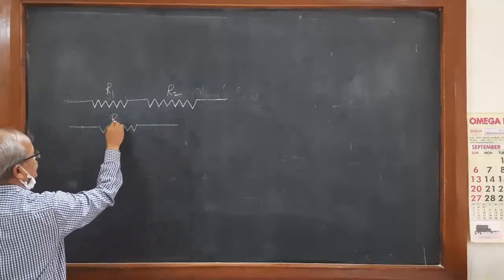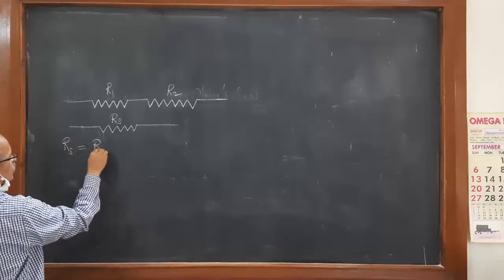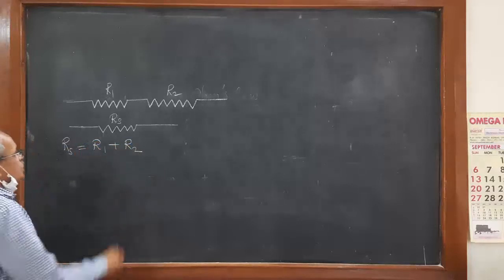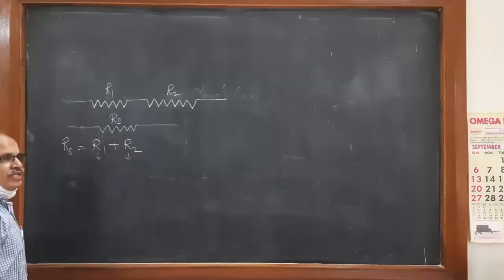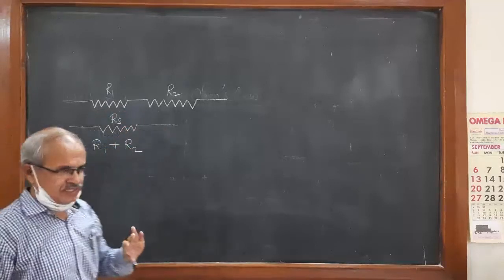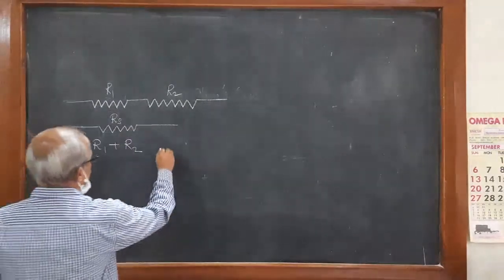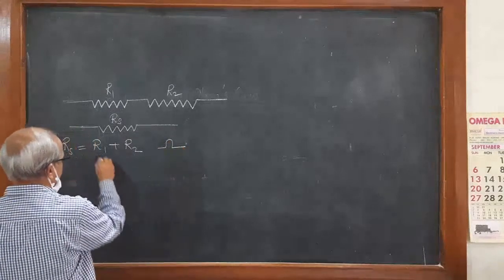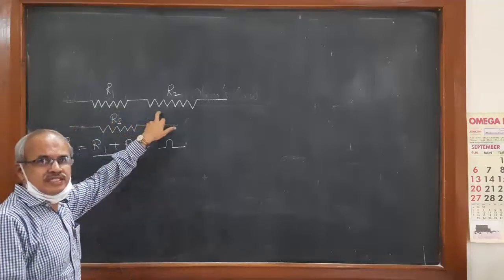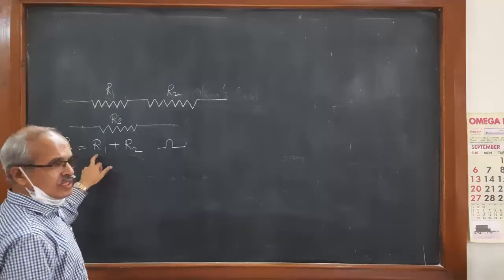RS is the sum of the individual resistances connected in series, R1 and R2. It is in ohm. So in series, the equivalent resistance is equal to the sum of the individual resistances.